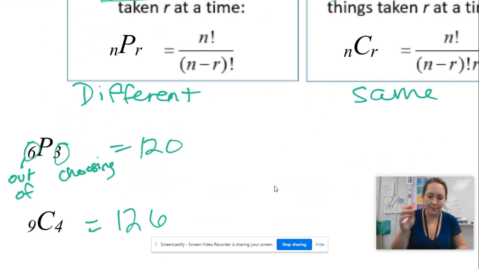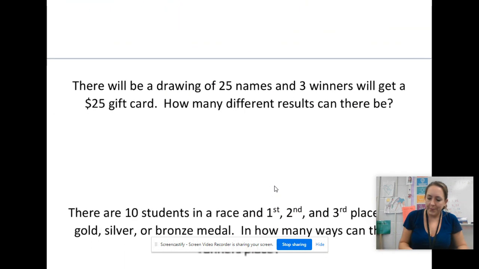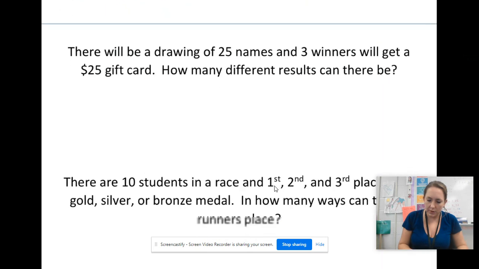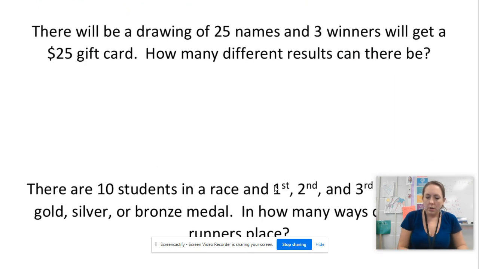It just is. Okay. So here we go. Here are examples. This is what I mean by same and different. So there will be a drawing of 25 names and 3 winners will get a $25 gift card. How many different results can there be? So with a permutation where the order does matter, it would matter what order your name was drawn in. But since everybody's getting the same prize, it doesn't matter.